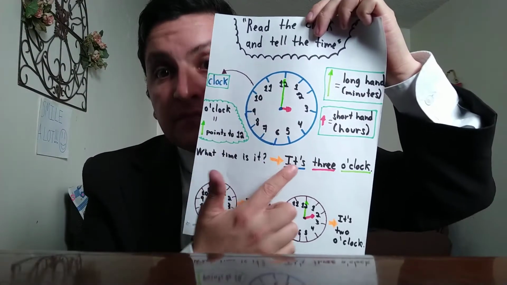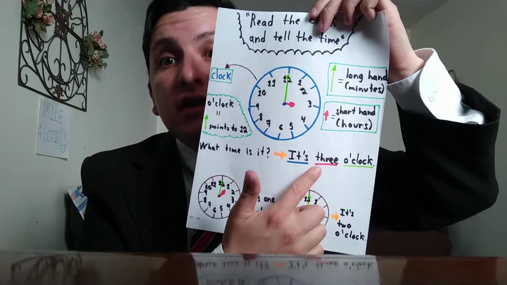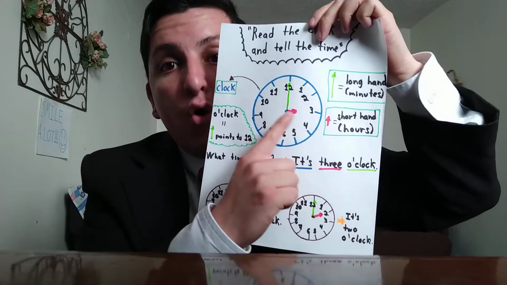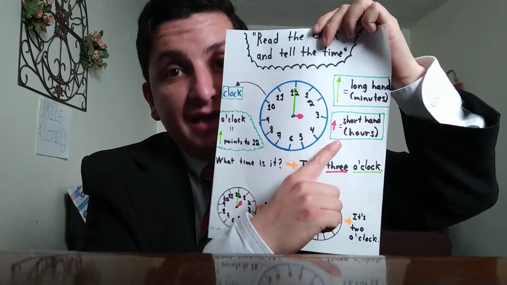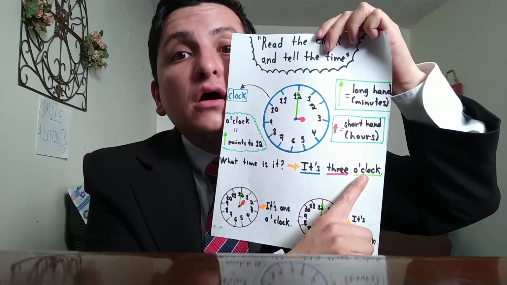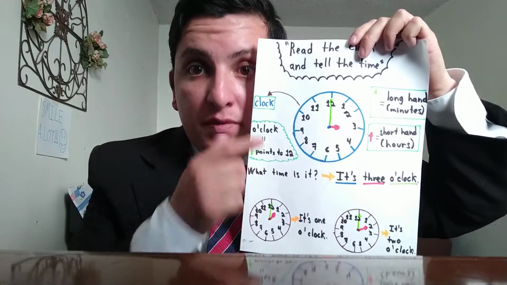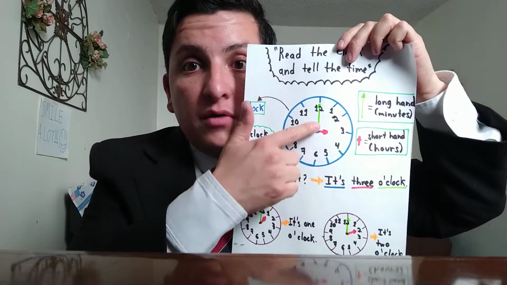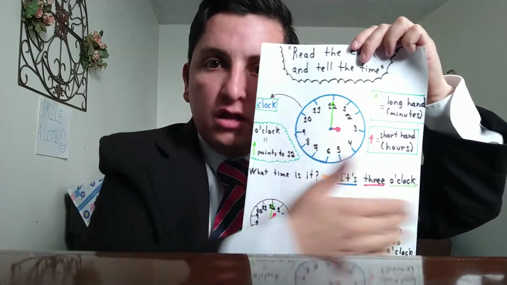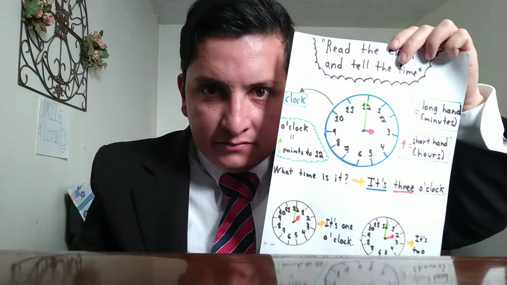Can you tell me? In this clock, it's number 3, because the short hand points to number 3, which indicates the hour. 3 o'clock. We say o'clock because the long hand points to number 12. Do you see? It's 3 o'clock, right?